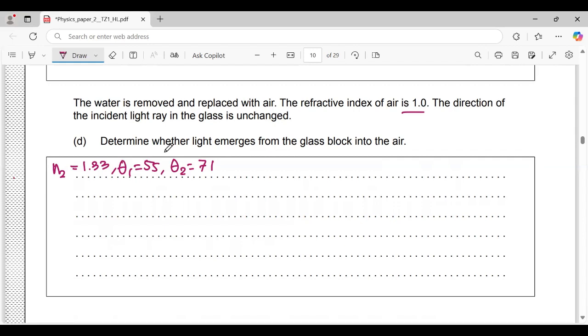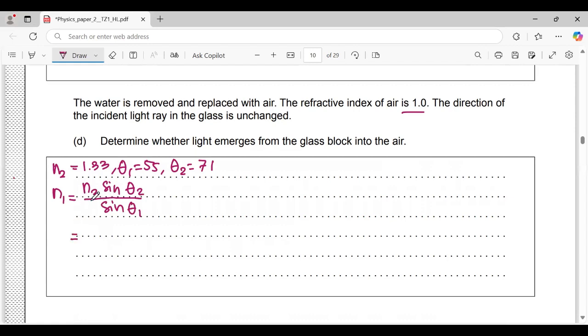According to Snell's law, we can determine n1, the refractive index of glass, equals n2 sine theta 2 over sine theta 1.